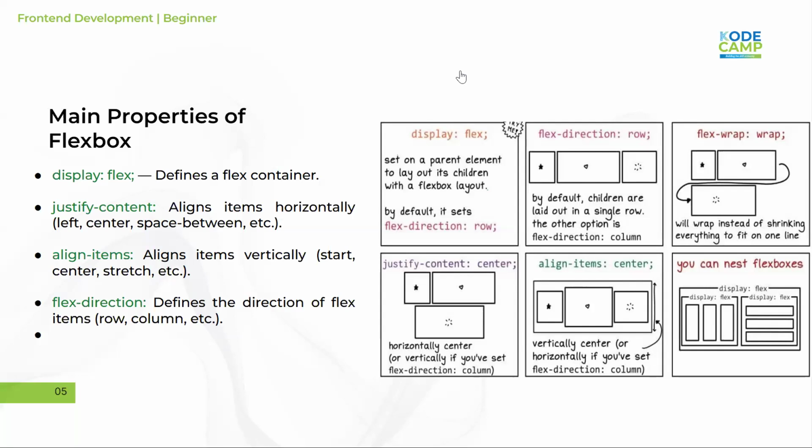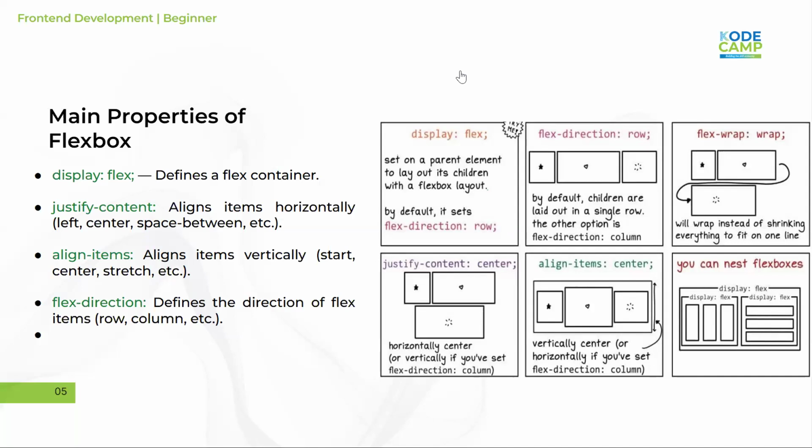There are different ways you can justify an element in Flexbox. You have justify content center, that means you are moving into the center. Justify content space between, so that between each of those elements you would have a space. You have space around, that means between each of those elements, there's going to be a space to the right and a space to the left of each of those elements.